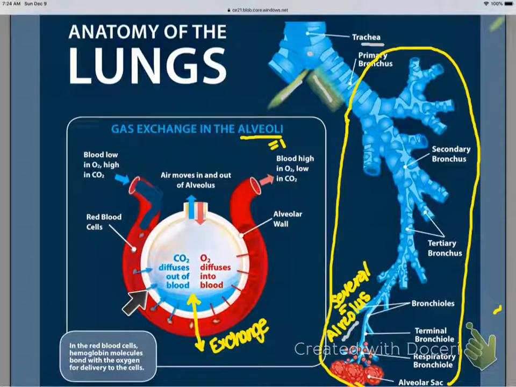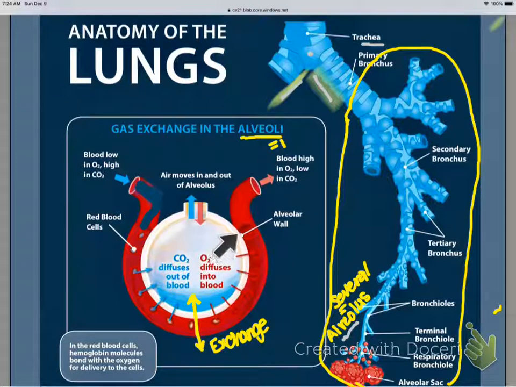And the CO2 diffuses out of the blood, and the oxygen diffuses into the blood. So you've got your exchange here. That's why you've got your arrows going up: your CO2 is going into the alveolus, and then your O2 diffuses into the blood. So you've got your oxygen going in.